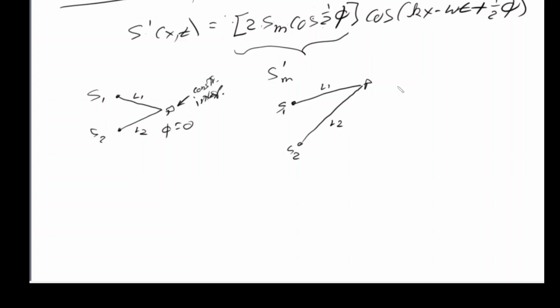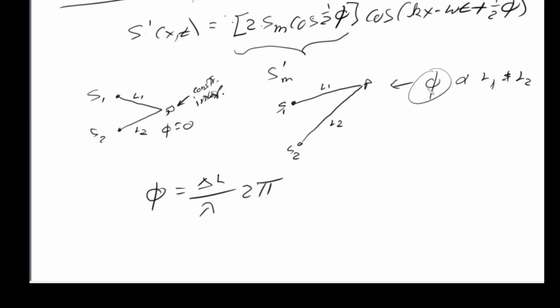This means that at point P, the waves will be out of phase by a difference of phi, and this difference phi will depend upon the lengths of paths 1 and 2. So basically we find that phi is equal to the difference in lengths divided by wavelength times 2 pi. This is what we would find our phase difference to be.